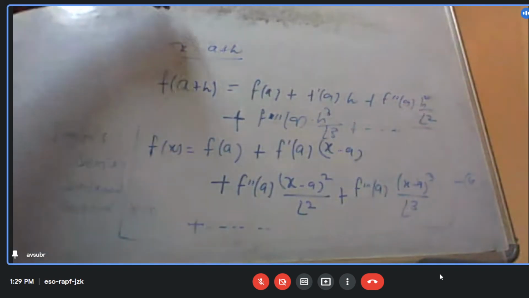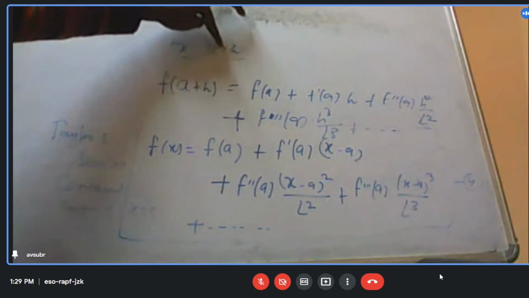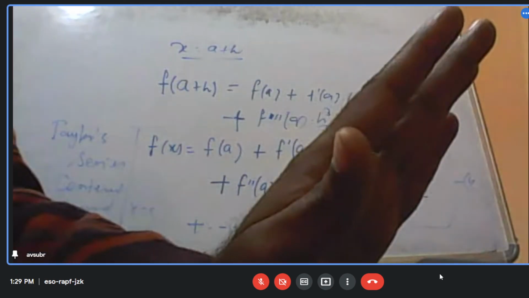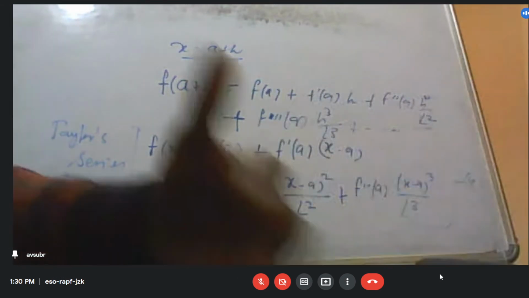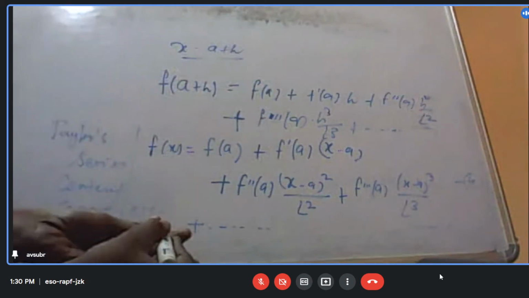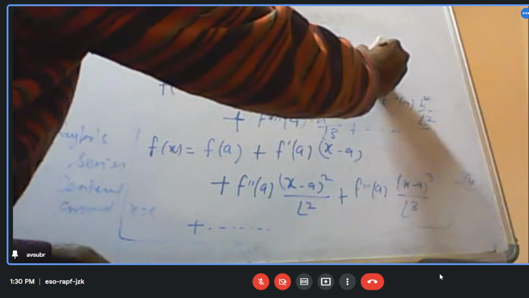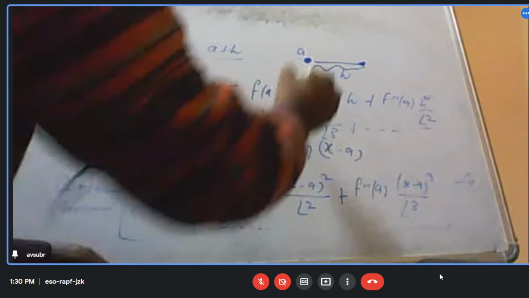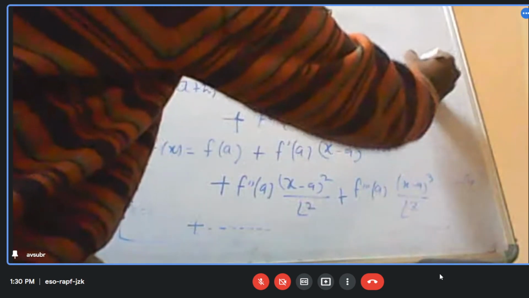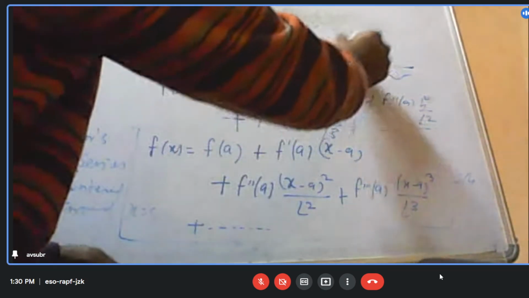What it is saying is that x is equal to a plus h means this a, which is our center, and x is at a slightly shifted value from the center. Try to understand it physically, not mathematically. What is it trying to say? It is saying that I was playing football here, and my football was earlier here and has now reached here. So this is my h, I was earlier at a, so x is equal to a plus h. I shifted this much from here to here, so my x has changed.